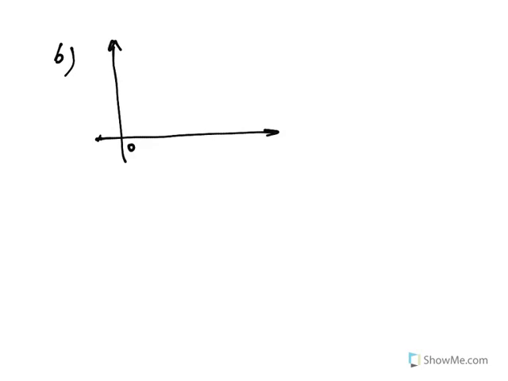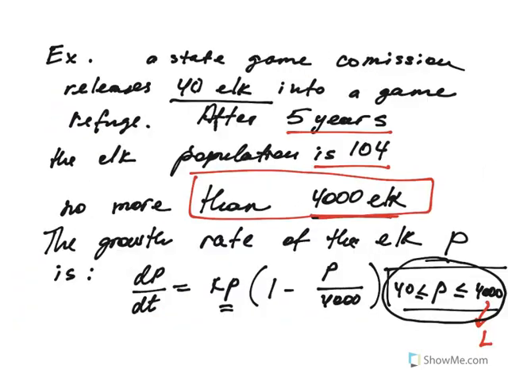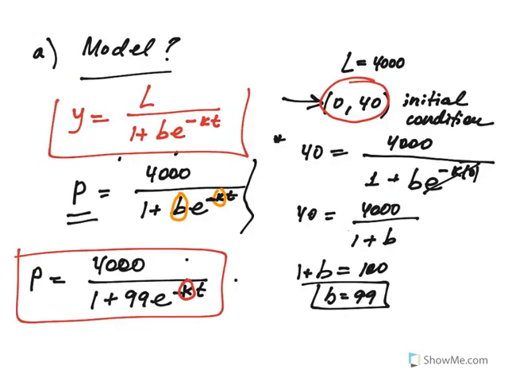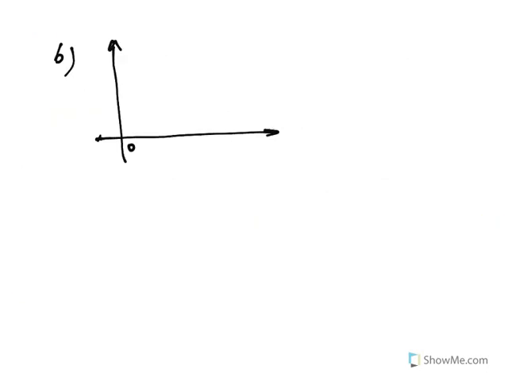So you remember what it looks like, right? The logistic model. We have this upper boundary, which represents y equals L, and L is your carrying capacity, and in this case it is 4,000. So the upper boundary is 4,000. That's the equation of that line.